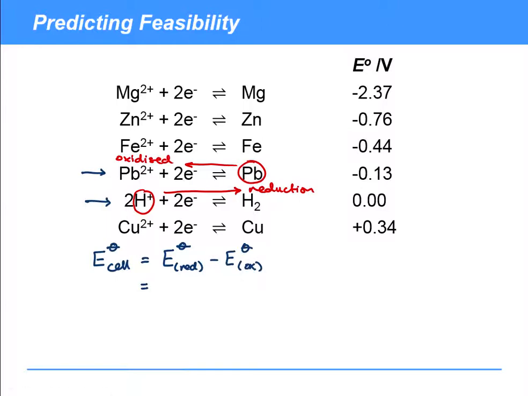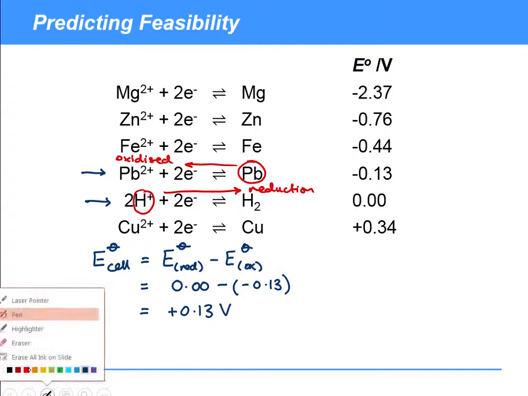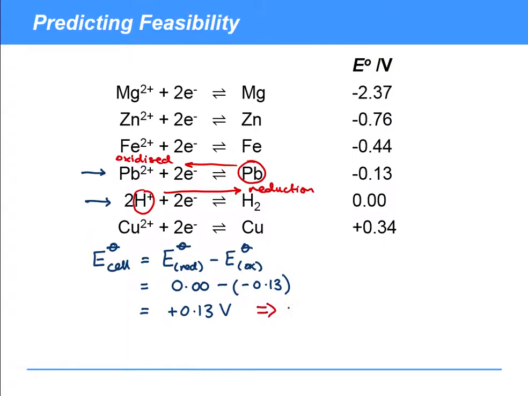The reduced species, as we said, is hydrogen, that's 0.00, subtract minus 0.13, and that gives us plus 0.13 volts. So from that we would say that this reaction is a feasible reaction under standard conditions.